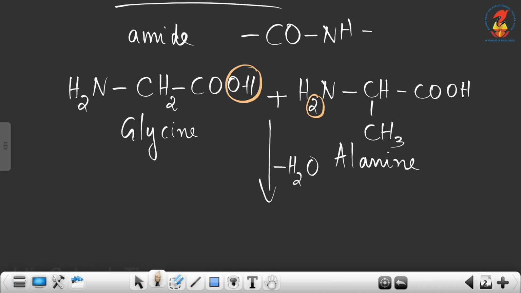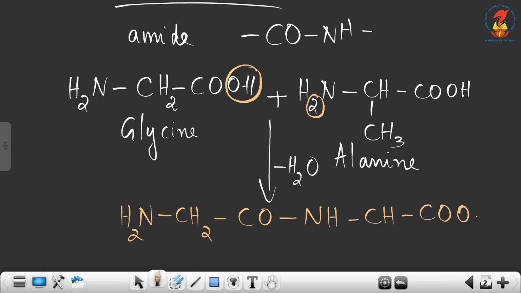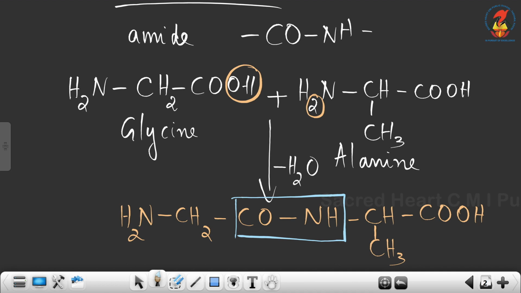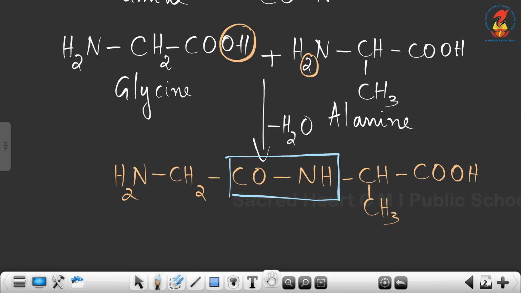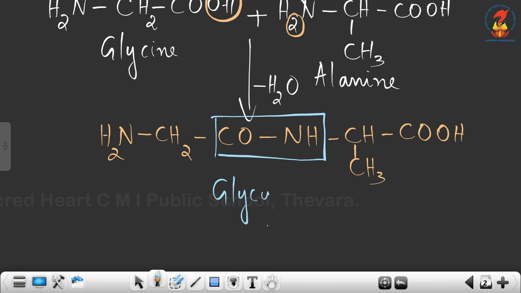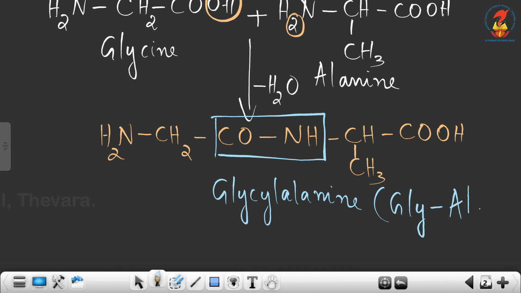They will be removed as H2O, and the product formed is NH2, CH2, CONH, CH, COOH, CH3. And you can see this is our peptide bond. You can name this product, where glycine and alanine combined, as glycyl alanine.